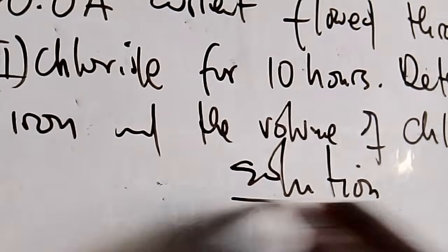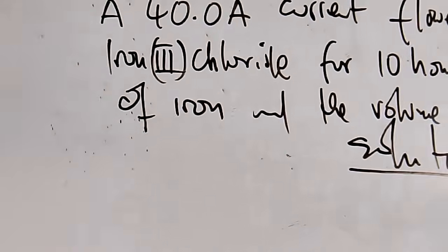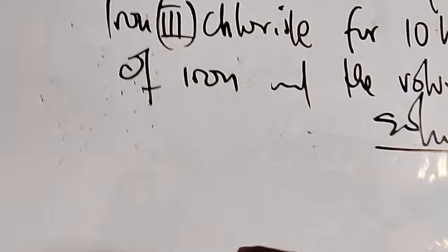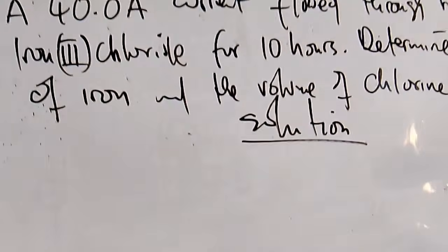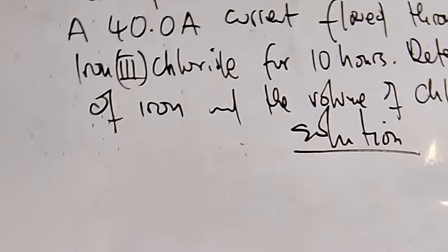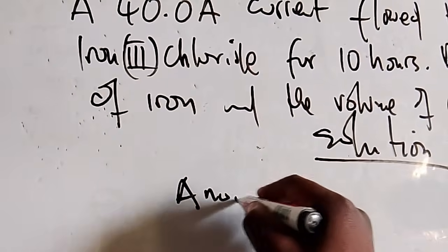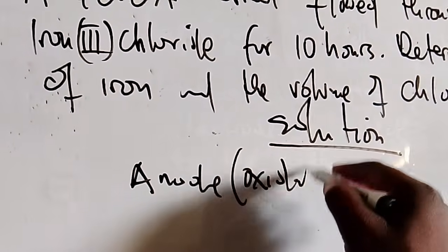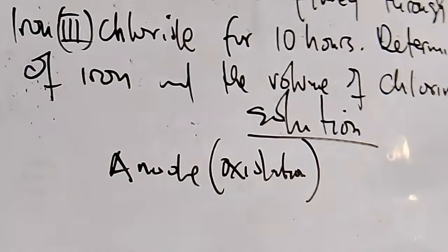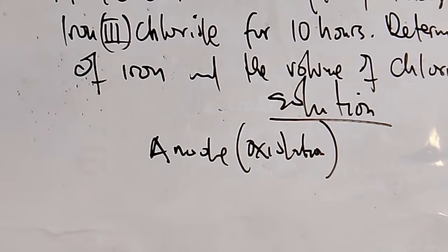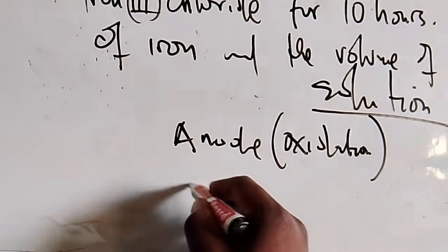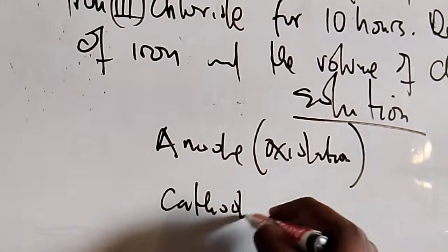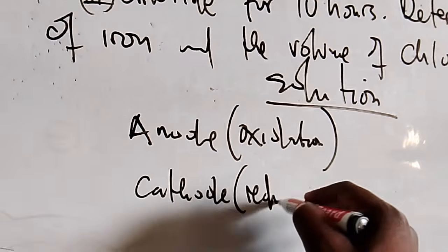Okay, so solution. To solve this question, there are two ways we can use. First of all, you need to write the half reactions at the anode and at the cathode. At the anode, oxidation takes place, then at the cathode, reduction.